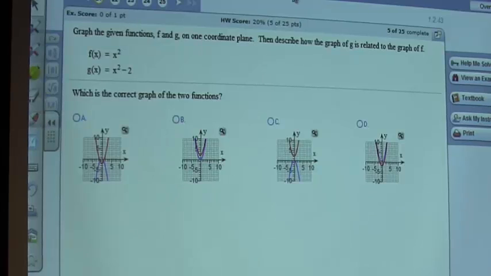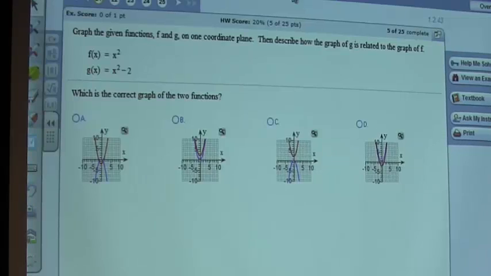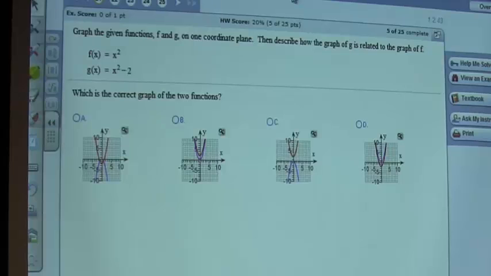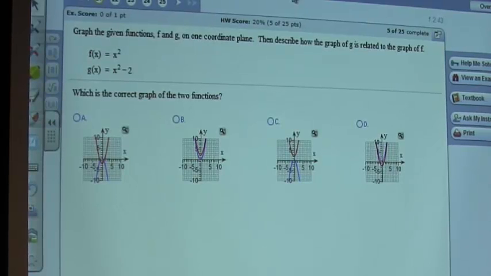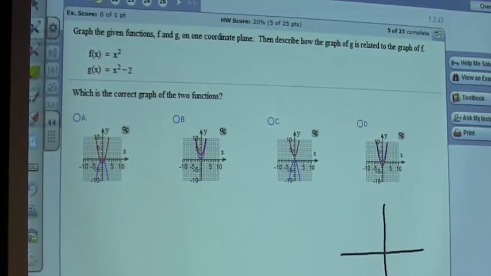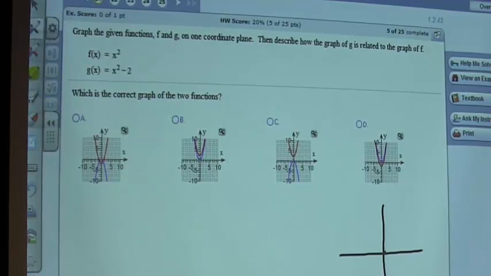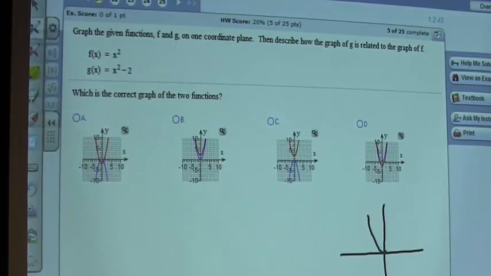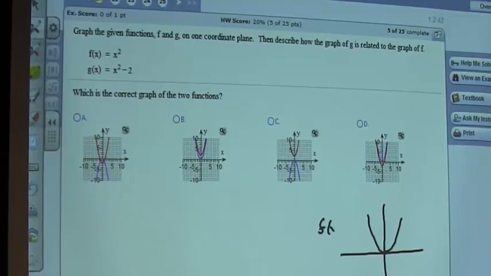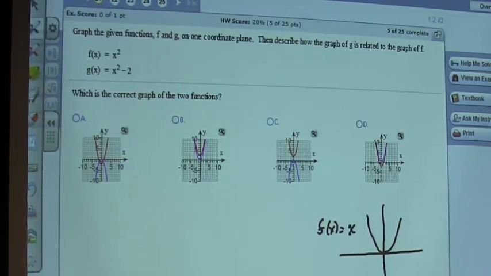Well, let's see. If we look at these graphs, first of all, we need to find f of x. F of x is what's called a parabola, and that's the simple x squared parabola. If you were to put together a t-chart and plot it out, you would find that when x is 0, 0 squared is 0, therefore y is also 0, and that is f of x equals x squared.